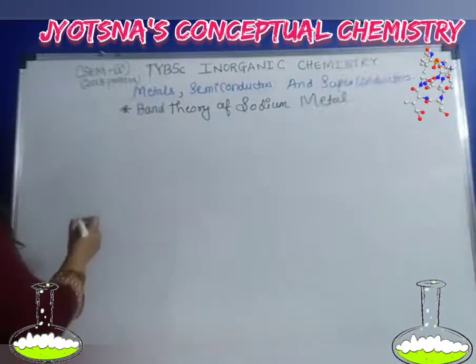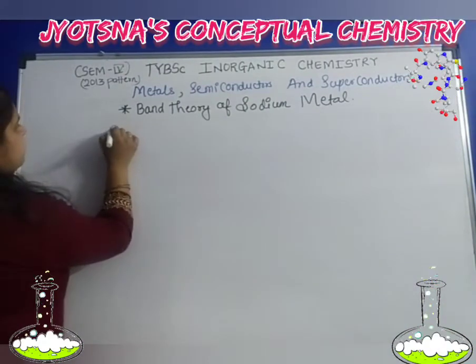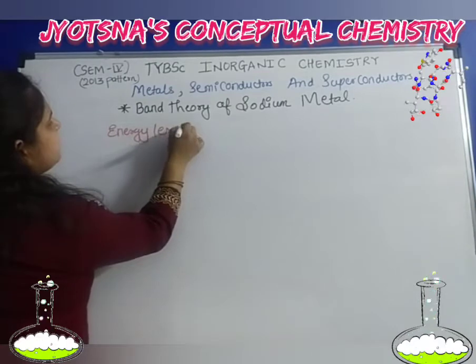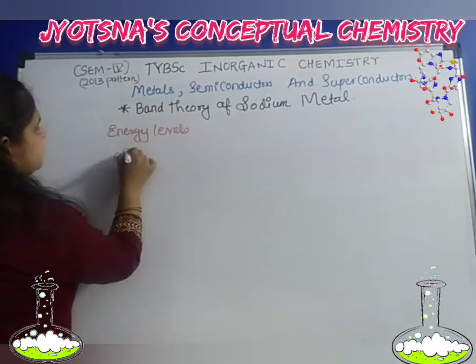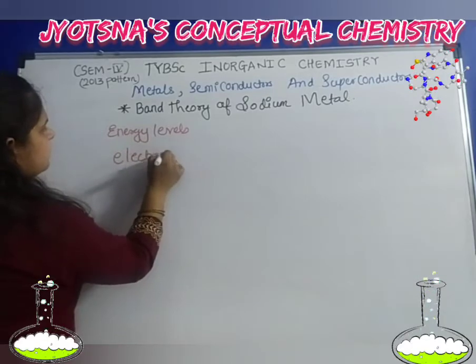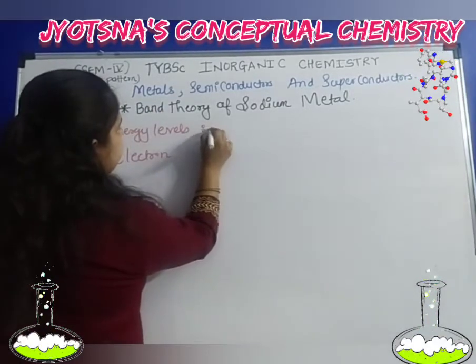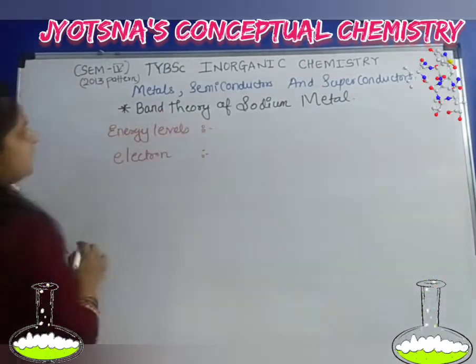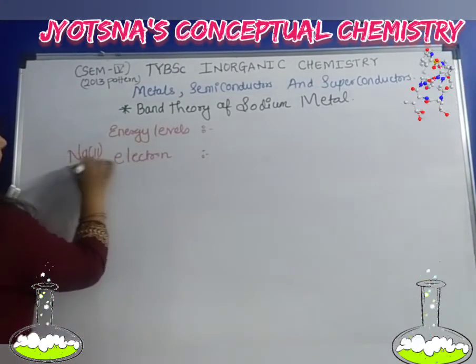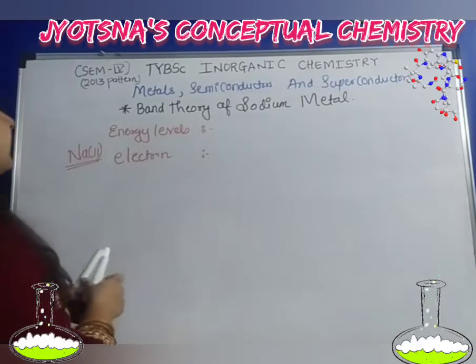Okay, first just tell me about the energy levels and electrons. What is the atomic number of sodium? 11. Yes, it is 11.